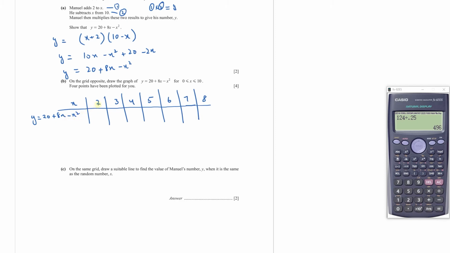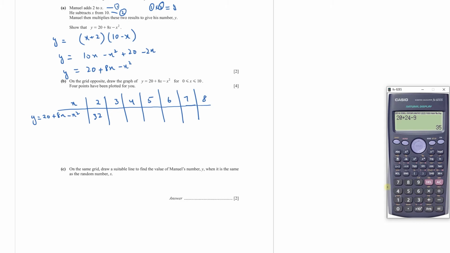When x is 2, this will be 20 plus 16, since 8 times 2 is 16, and then minus 4, since 2 squared is 4. So this will be 32. The next value is 3. So this will be 20 plus 8 threes are 24, minus 9.